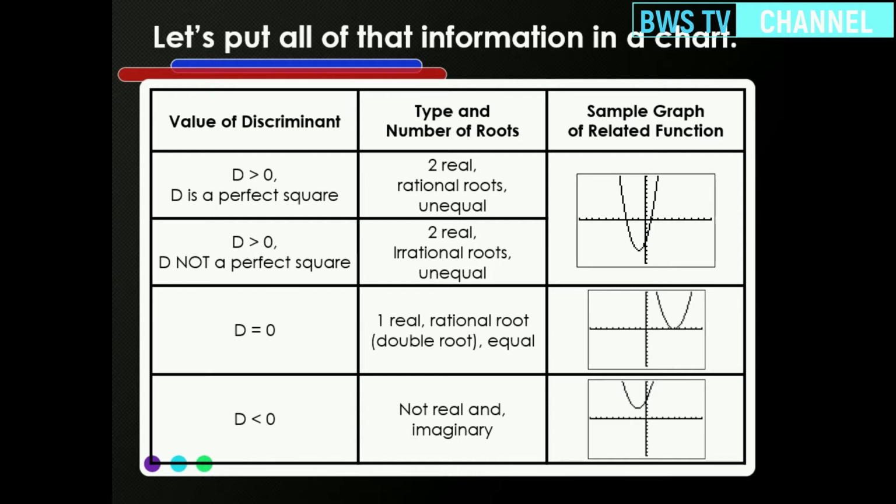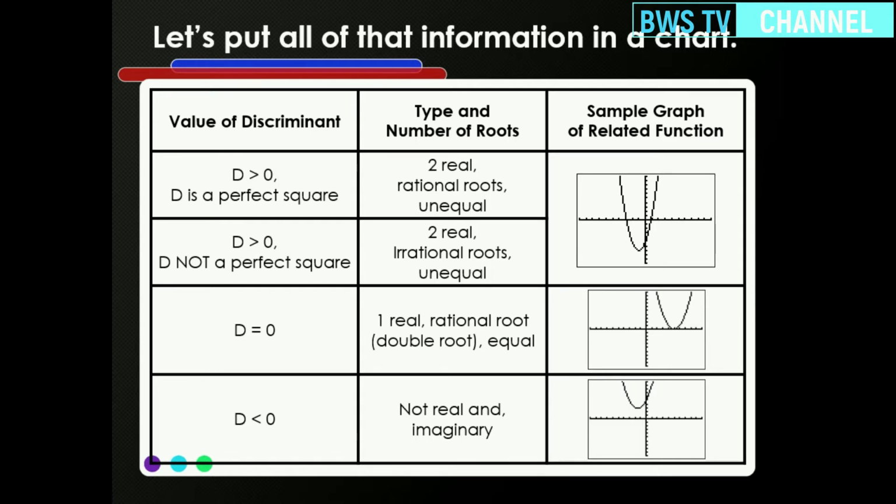That means after you apply the formula, you have the value of the discriminant. Then the next column, types and number of roots. This is the description of the roots in your quadratic equation. This is the nature of the roots. So that will be the description.